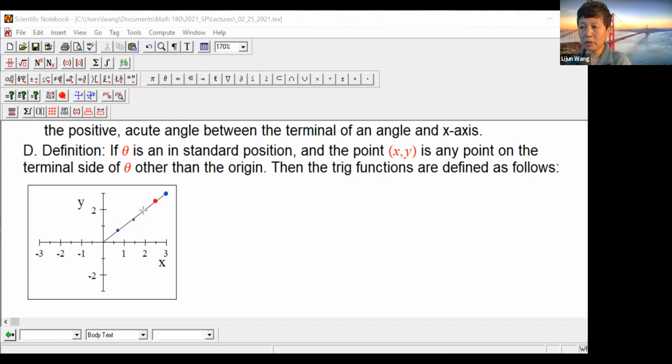You have this arbitrariness of choosing these points. And of course, I choose the black dot. I choose the red dot. It's arbitrarily chosen. So can you mark this point, please?